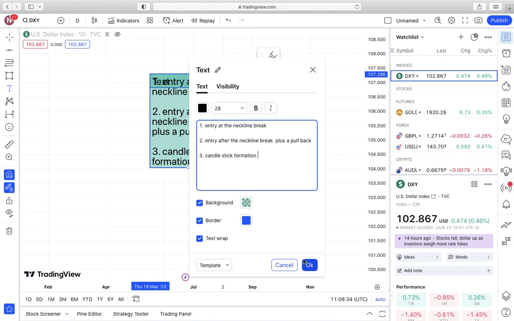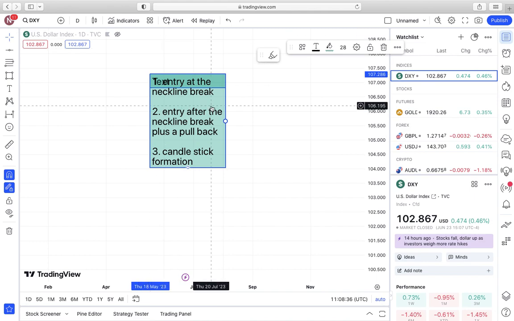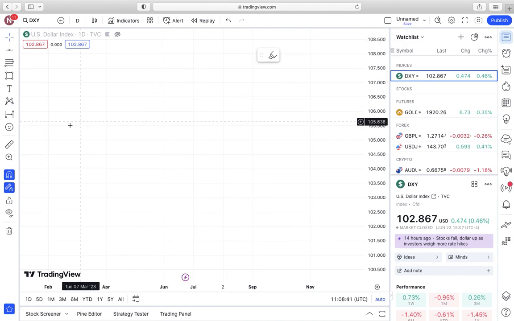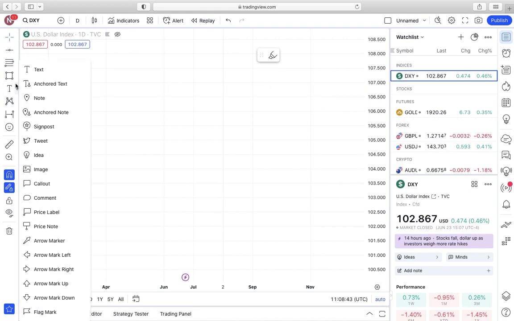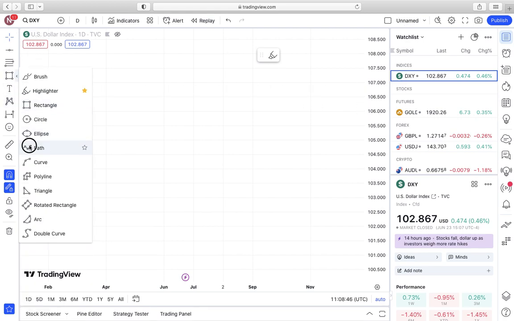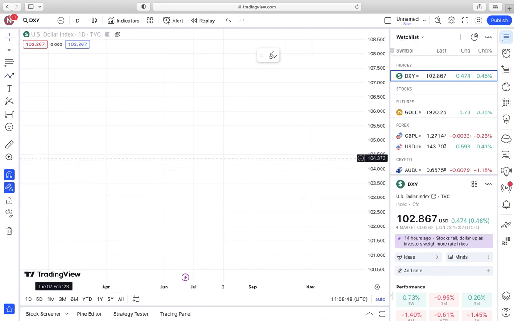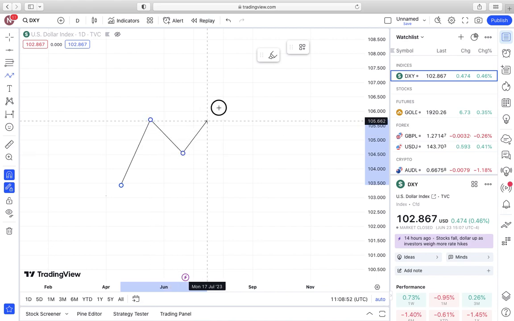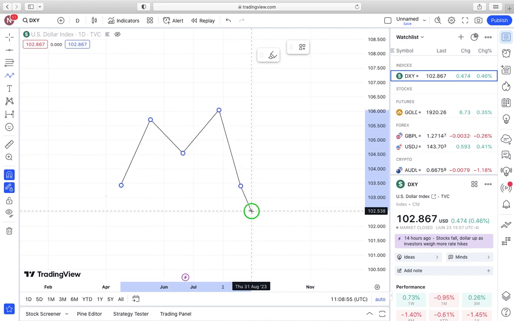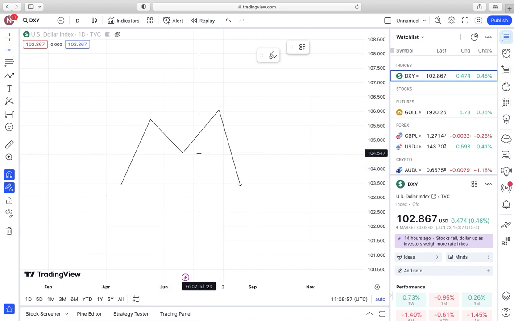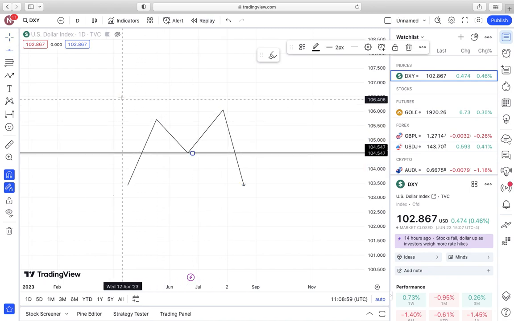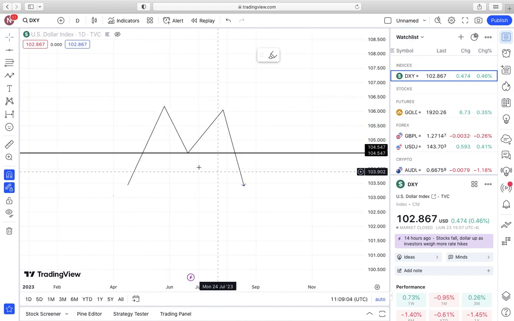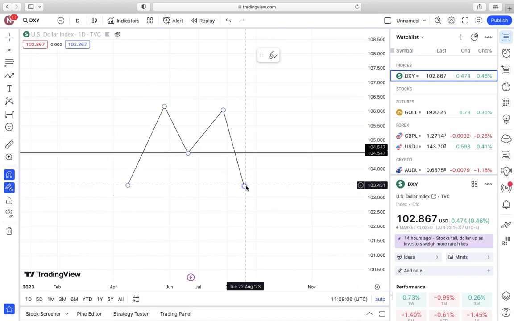Now let me show you how you can enter at a pullback, because some people will always enter at a pullback. Let us check this. Yes, give me 1 minute. Let me say the market was like this. This is the market. Then we'll show that there is something like a neckline, and this is the double top. Now some people will wait for this market because there is a break.